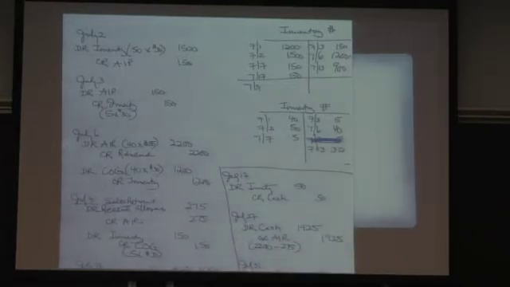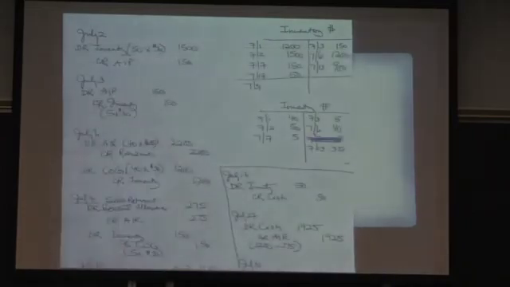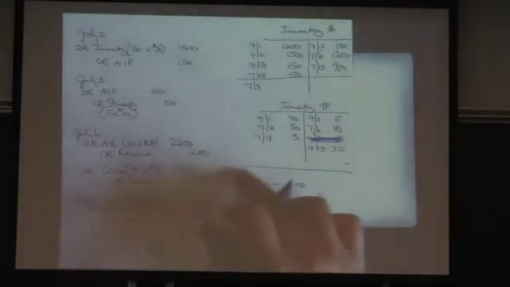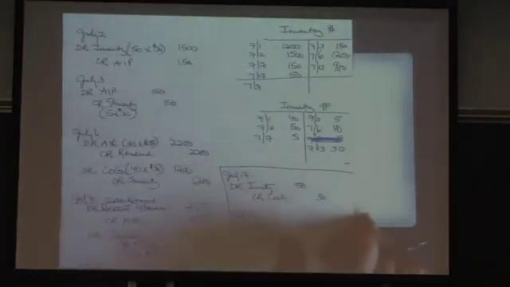Oh, I forgot one transaction. Sorry, I forgot the 16th, didn't I? I did the 17th, and so I forgot the 16th. It says purchase 60 suitcases from Holiday Manufacturers and 30 FOB shipping point. So I forgot to include that in there. So let me take an opportunity to include that.